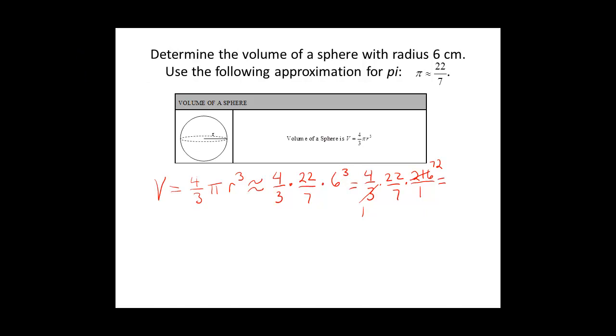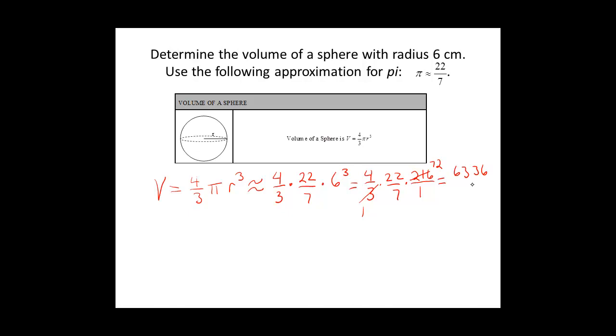Then we will multiply our numerators together and our denominators together. 4 times 22 times 72 is equal to 6,336. We got a palindrome.